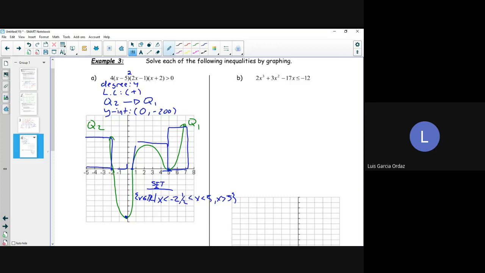So now that we wrote it in set notation, what would it look like in interval notation? Round brackets or square brackets? Round. Okay, what's our first round interval?